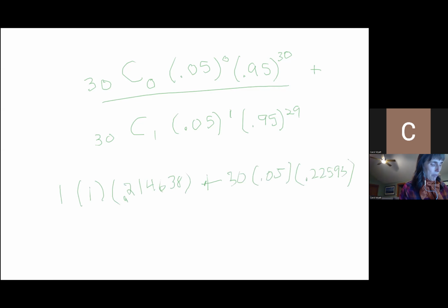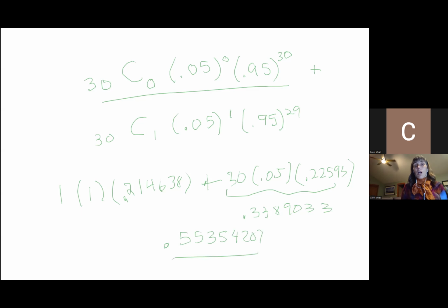I multiply that by 30, and this number is 0.338933. I add that number to my first number, and my final answer will be 0.53542, and so on.